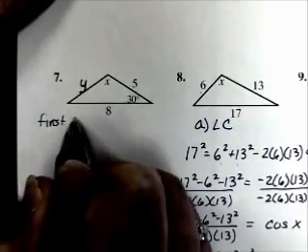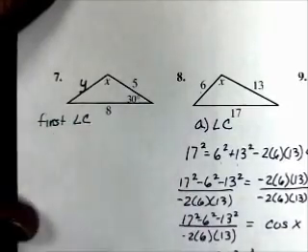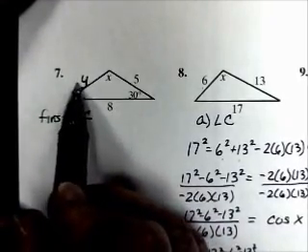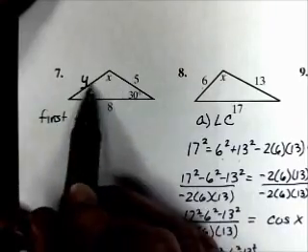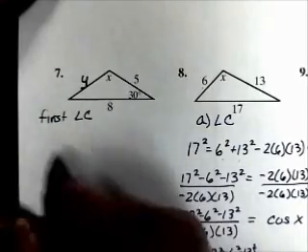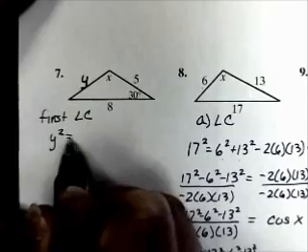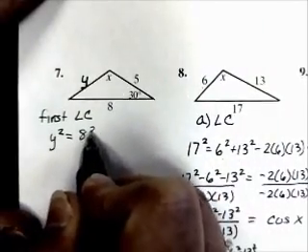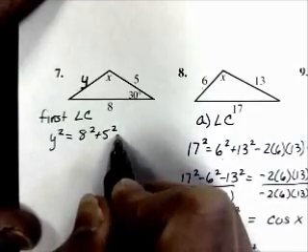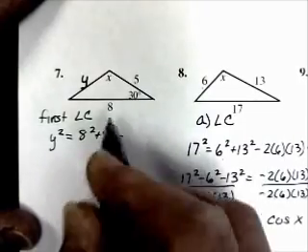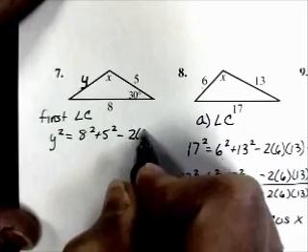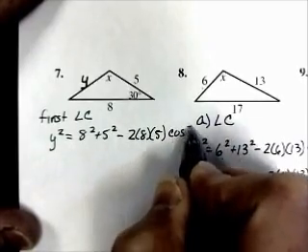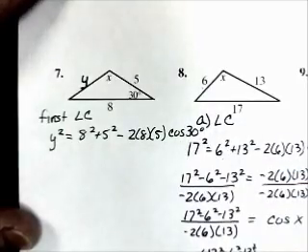So first, law of cosines. And law of cosines, you start with the side opposite the angle. In this case, we have the 30-degree angle. So that side squared, y squared, equals the sum of the squares of the other two sides, 8 squared plus 5 squared, minus twice their product, times the cosine of our 30-degree angle.